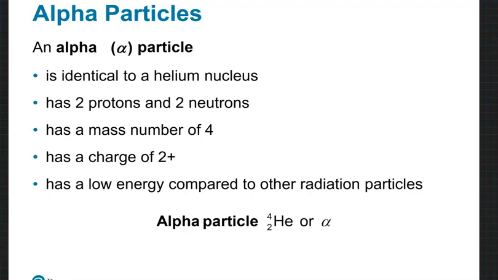So let's talk about alpha particle. So alpha particle is effectively the nucleus of an element helium. It contains 2 protons, which makes it charged, specifically charged to positive, and also 2 neutrons. So when we combine 2 protons and 2 neutrons, the mass number of that particle is 4. It can be ascribed this symbol or this symbol.